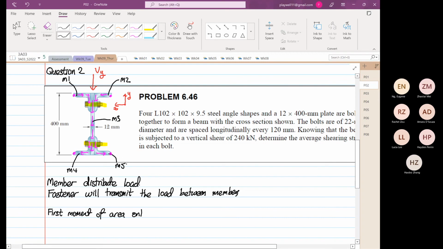The first moment of area only needs to consider either member 1, 2, 3, or no, member 4 or member 5.